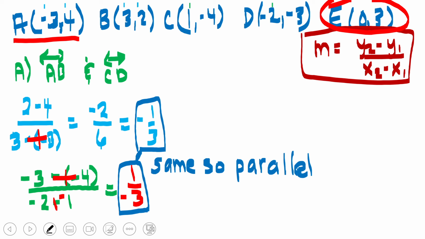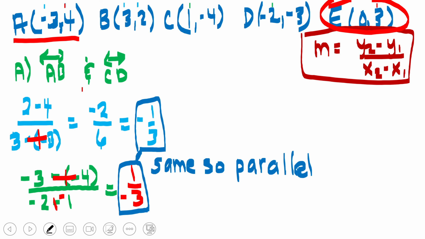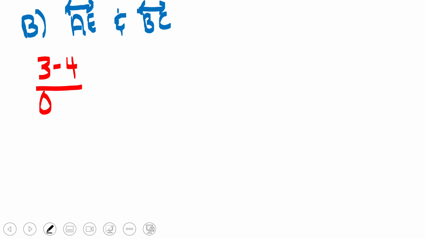We need y2 minus y1. That would be 3 minus 4. Then we need x2 minus x1. That is 0 minus negative 3. Three minus 4 is a negative 1. 0 minus a negative 3, a minus becomes plus.